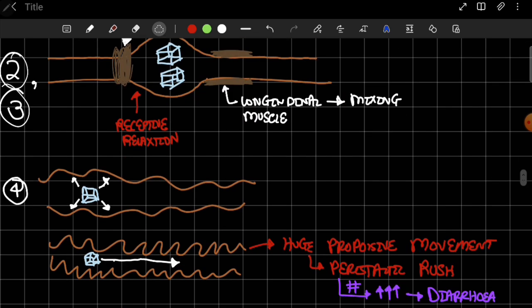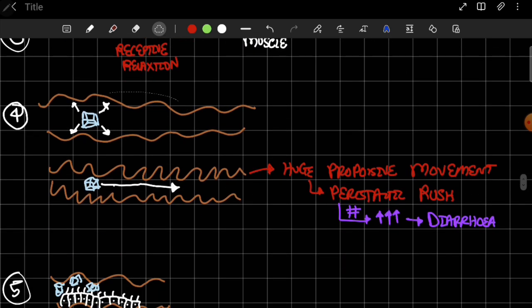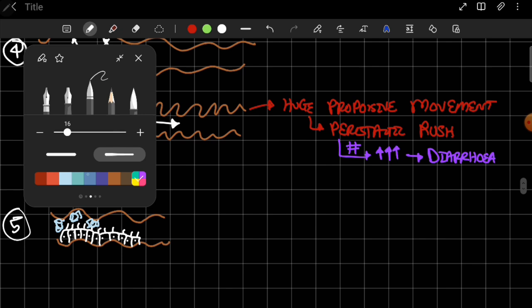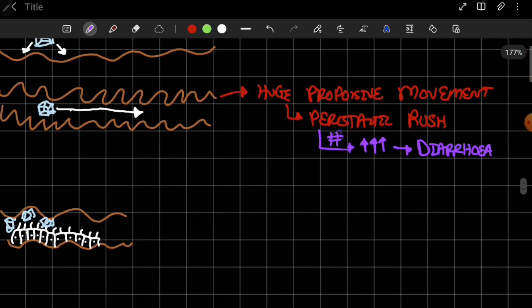Then the fourth movement, the peristaltic rush, due to irritation of the mucosa; an increase in the peristaltic rush will lead to diarrhea. And one other clinical point is that a decrease in this peristaltic rush will cause constipation. It is retention of feces.